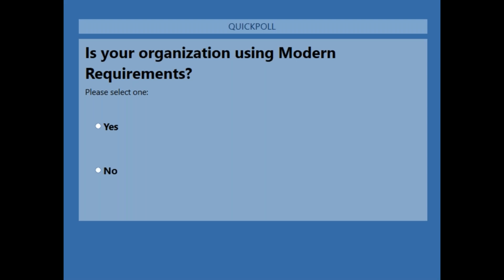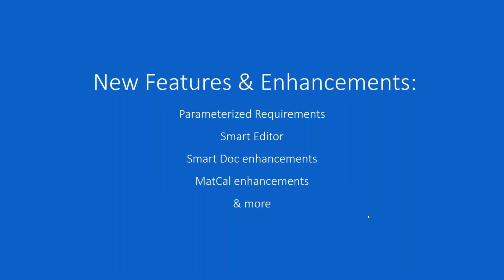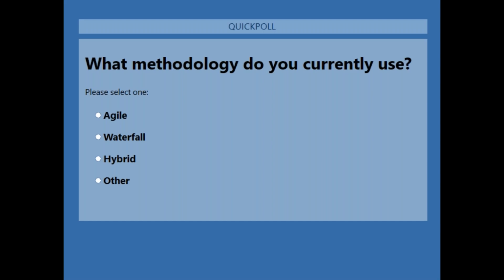That's great. And we have about 30% people who are not using or are new to Modern Requirements. So welcome, thanks for joining us. And let's go to the next question here.